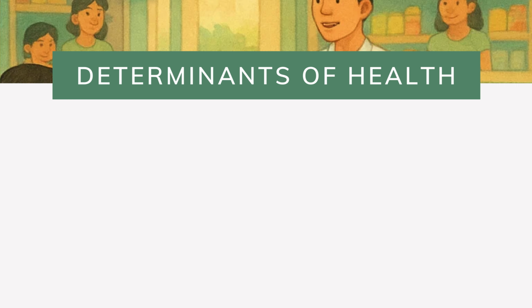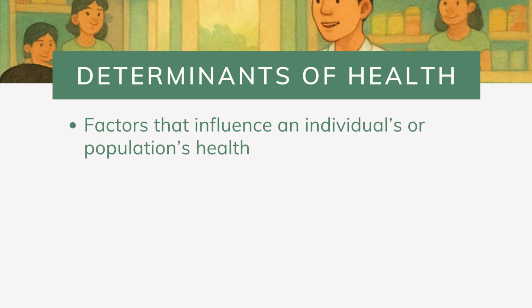What are determinants of health? These are factors that influence an individual's or population's health. These can be personal, social, environmental, economic, or political.